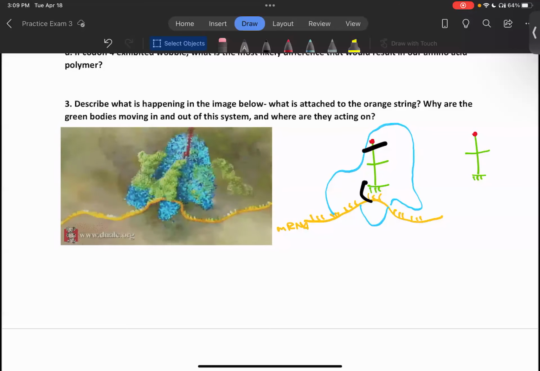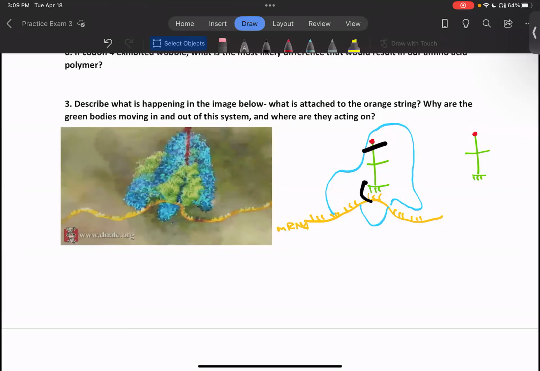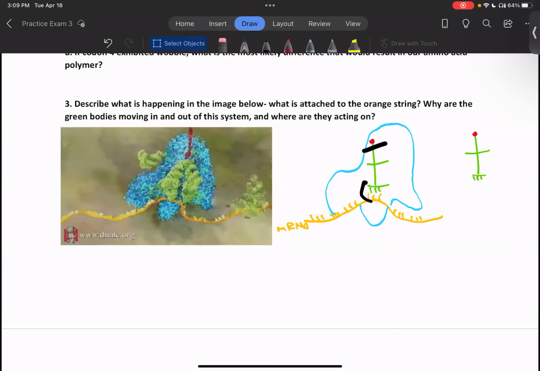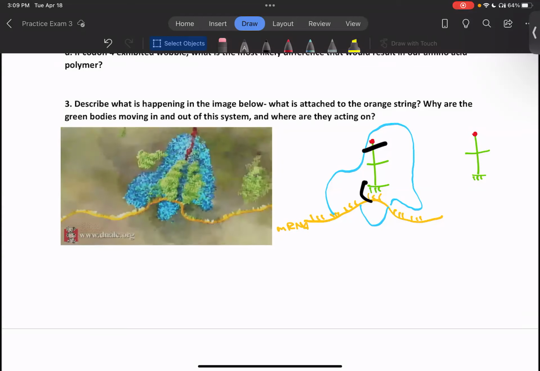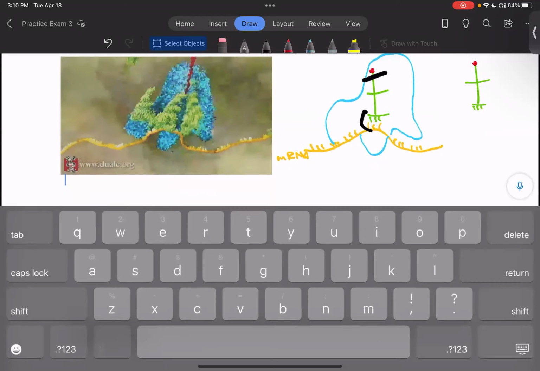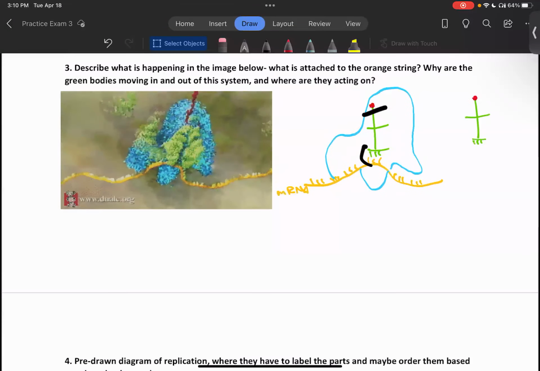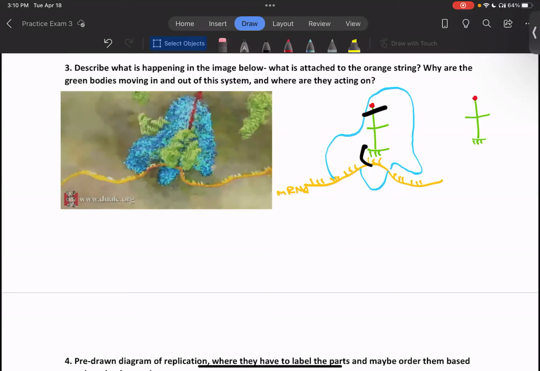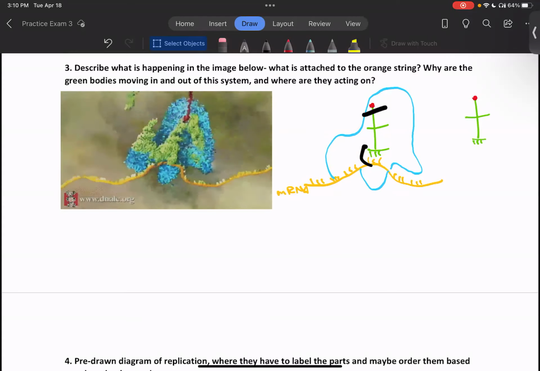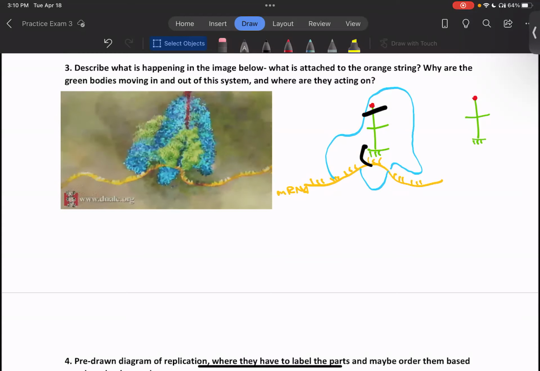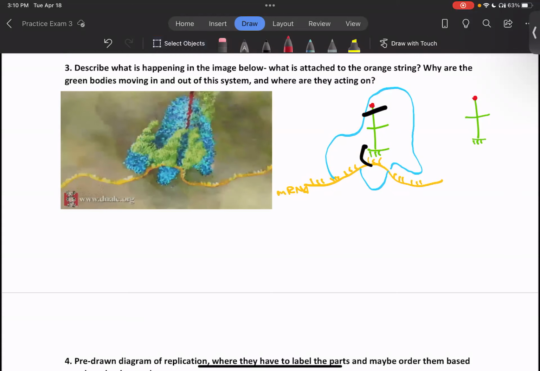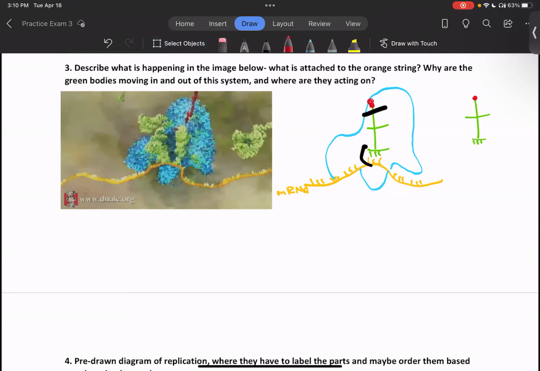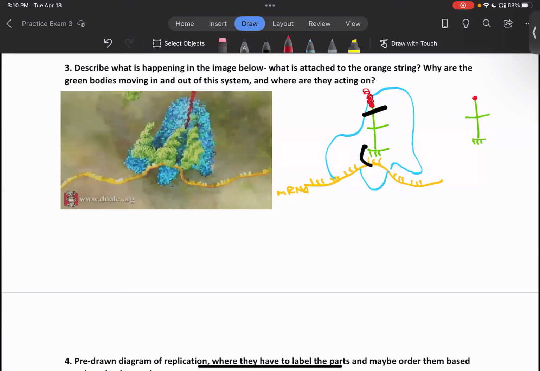We see a new tRNA coming into the right side there, sticking to the A site. And then we have a guy already in the P site in the center. And once the new guy binds to the A site, the guy in the P site will stick its long chain of red amino acids onto the one in the A site.